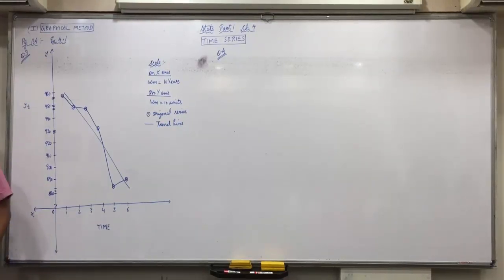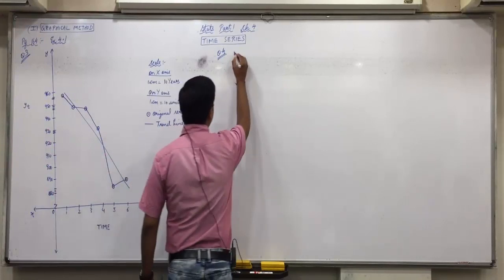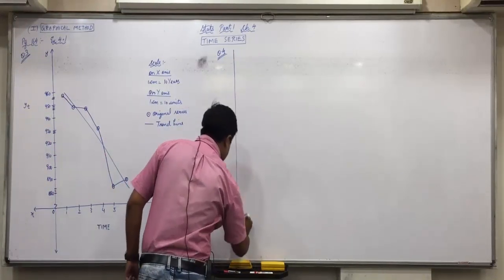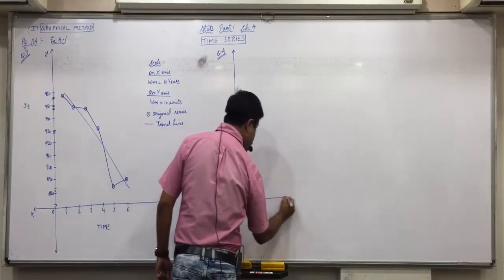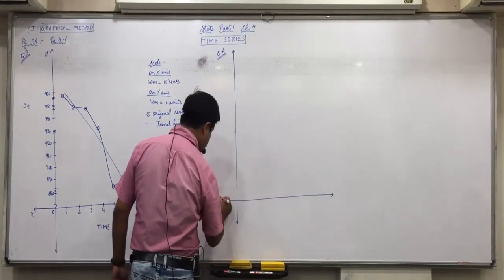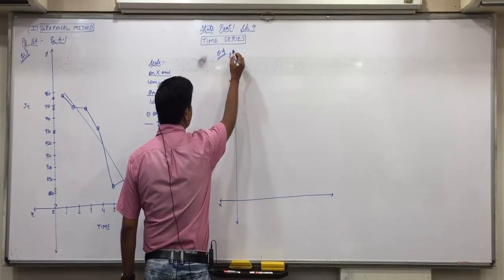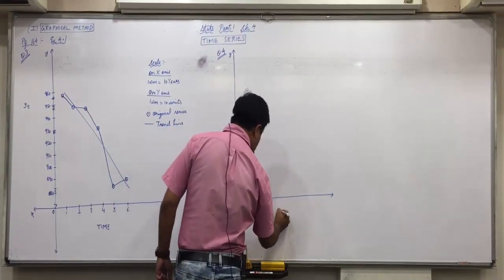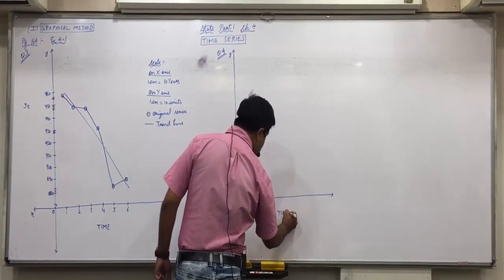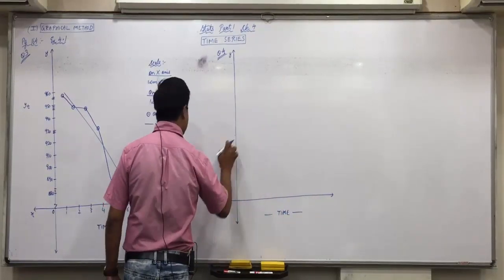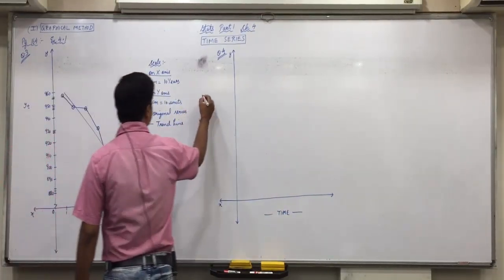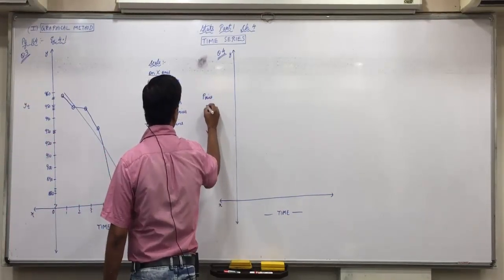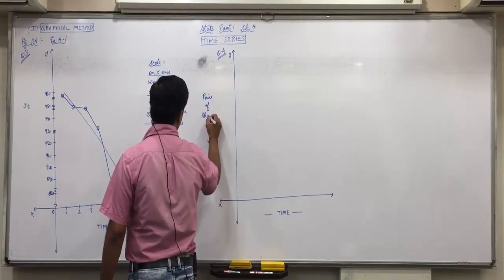Is everyone clear with this? On the x-axis we'll show the time period, which is in days, and on the y-axis the variable is the price of share in rupees.